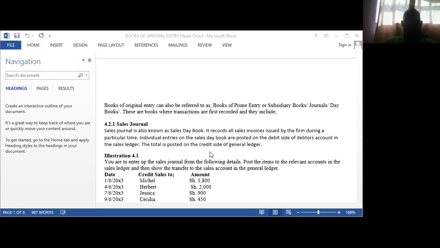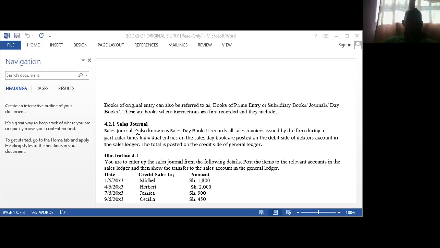which is a book that records all the credit sales. Very important to note, the sales journal. Remember, sales, we are selling goods to our customer. If we sell those goods on credit, all those customers who bought goods from our business on credit are going to be recorded in the sales journal, the book of original entry.